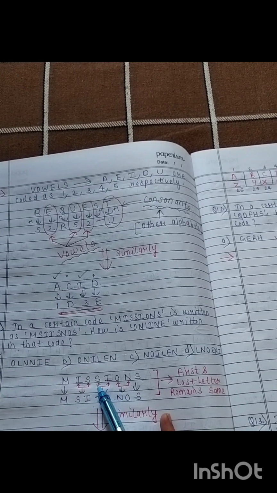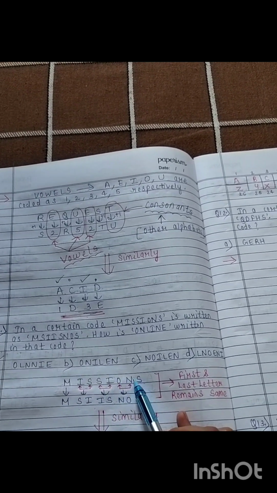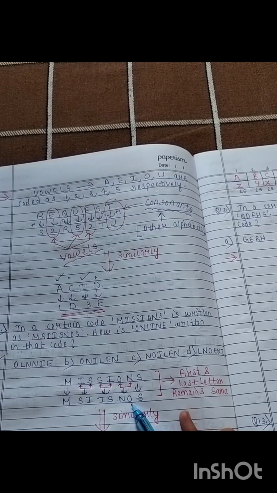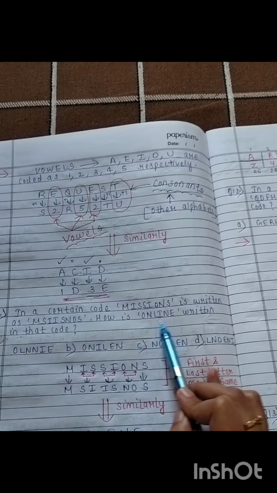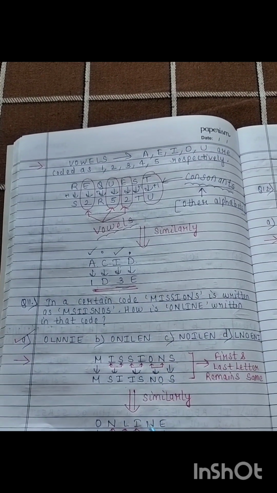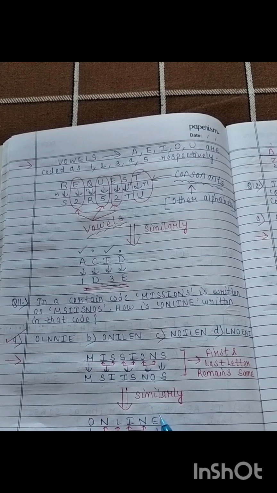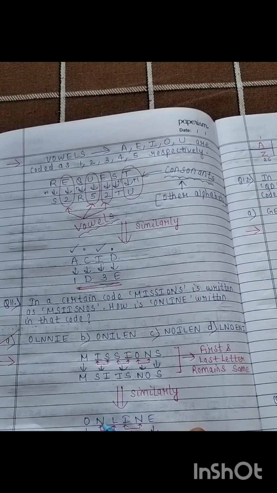Then ON is there, so NO is done. Similarly, whatever question they have asked, for ONLINE, you have to apply the same logic. O and E will remain in the same position, correct?